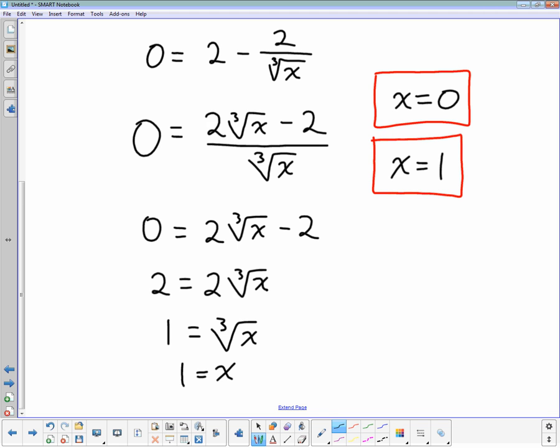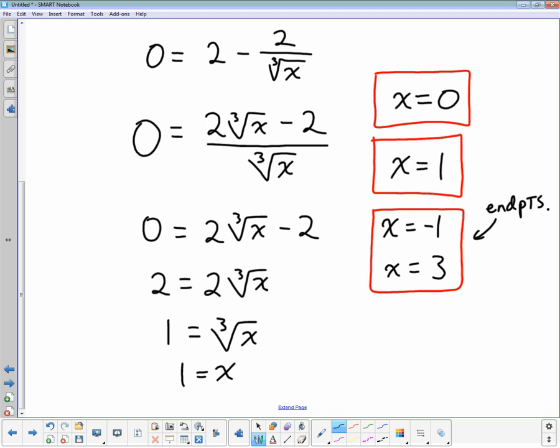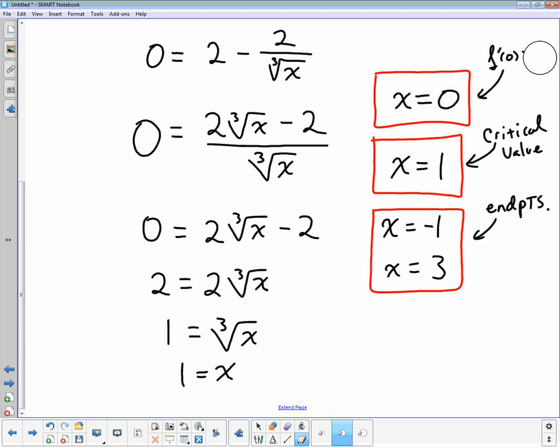And we're also going to care about our endpoints. So it's undefined points, critical points, and endpoints.